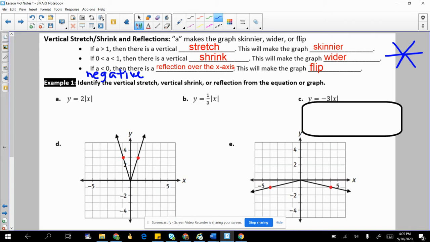And let's think about if it were over the y-axis. Well, if you flip that over the y-axis, it looks exactly the same. So that's why we're not really going to worry too much about reflections over the y-axis. We're just going to focus on reflections over the x-axis. And it's just going to make the graph flip.